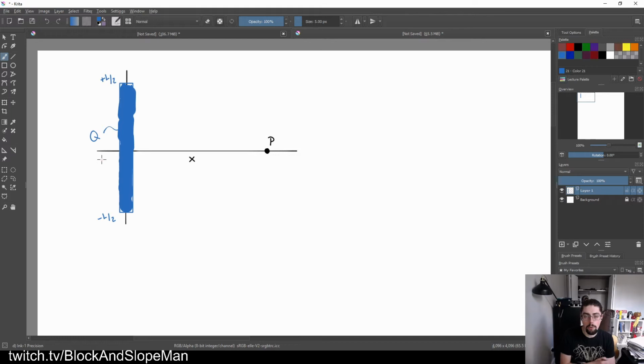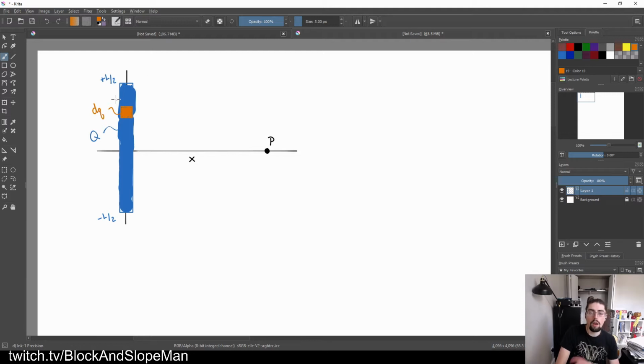So let's hit some of these points again. We're talking about if we want to find the individual piece of charge. Let's imagine we're looking at this particular piece, this tiny square dq. Here's my dq.